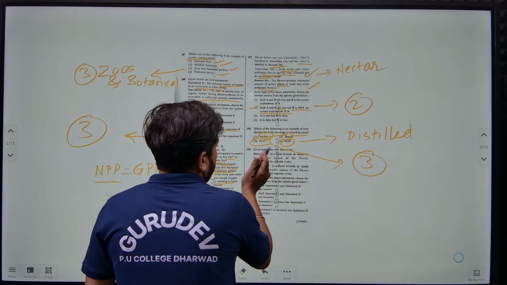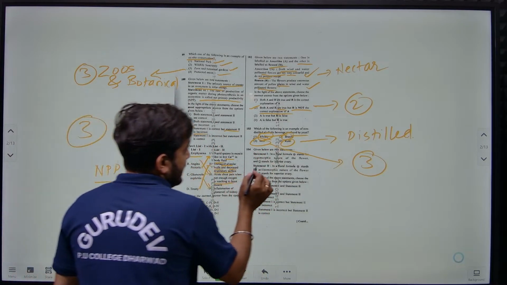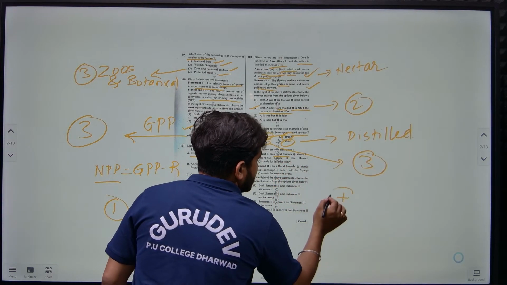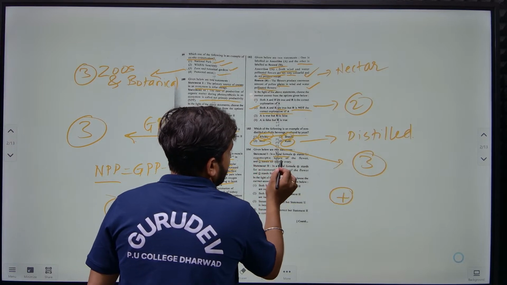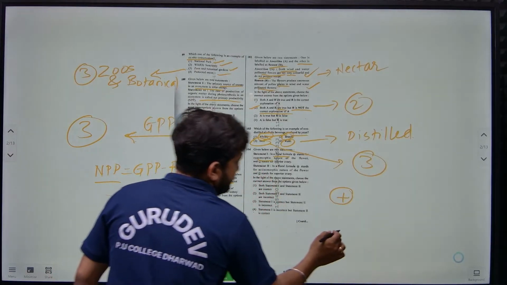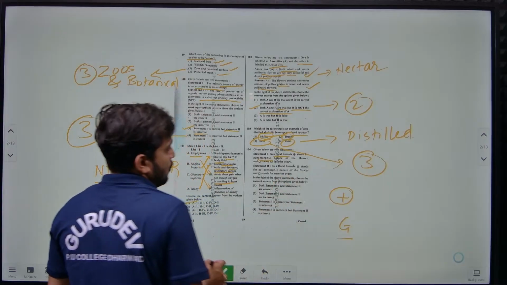Then the 104th question, given below are two statements, right? In a floral formula, the symbol they have mentioned, a circle with a plus, stands for the zygomorphic nature of the flower, right? Then G with a dash below stands for inferior ovary, right?